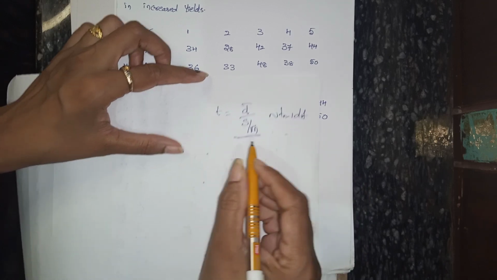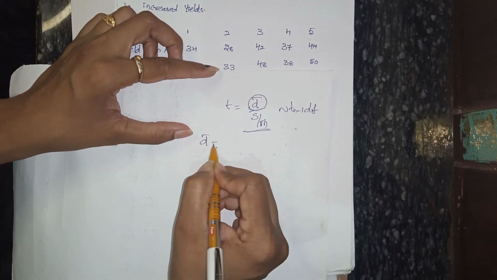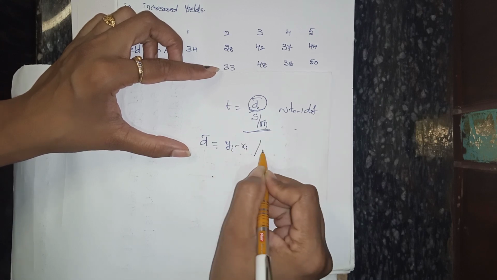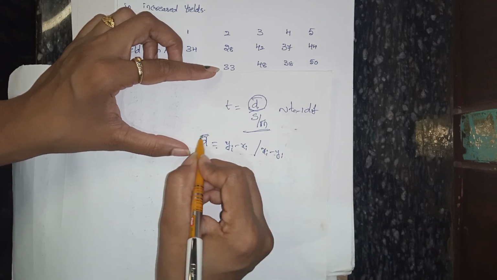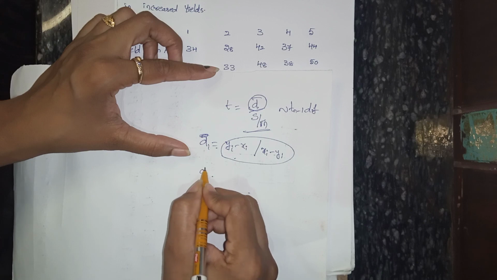To find d bar, we have to do yi minus xi, or else xi minus yi, the difference. This is di. After getting all these values, we can find the d bar value.